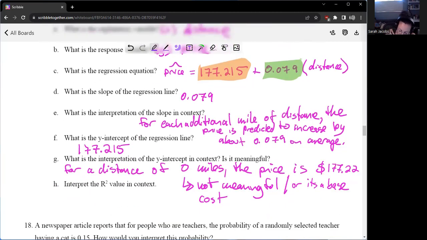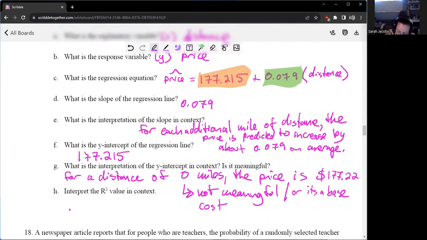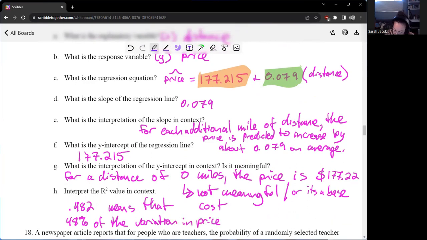And then the R squared value of 0.482 means that 48% of the variation in price is associated with the variation in distance.